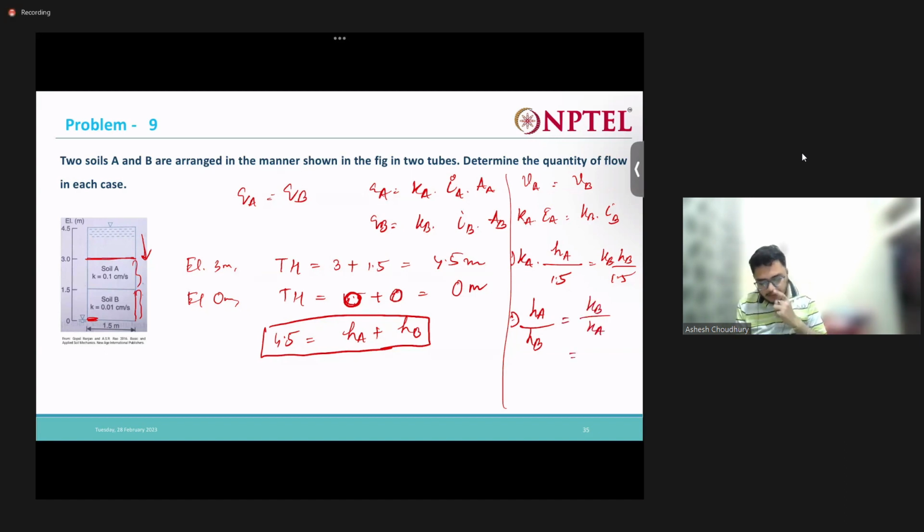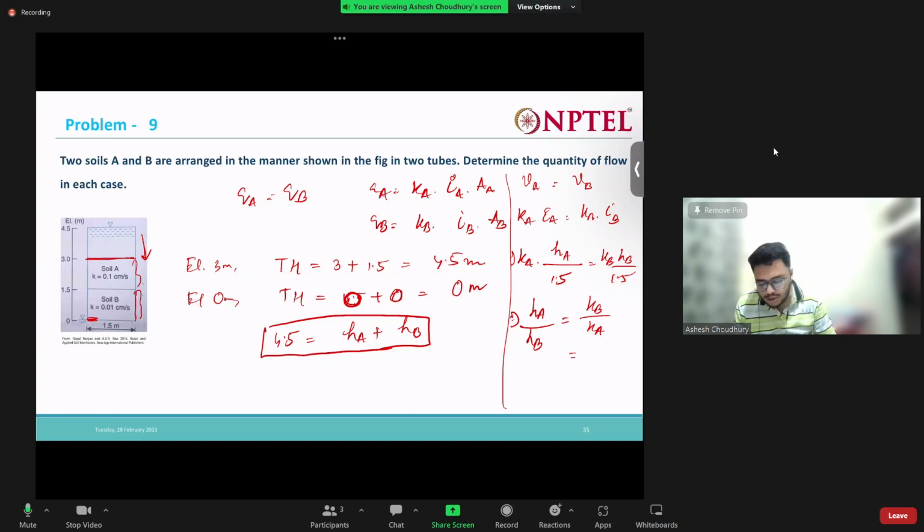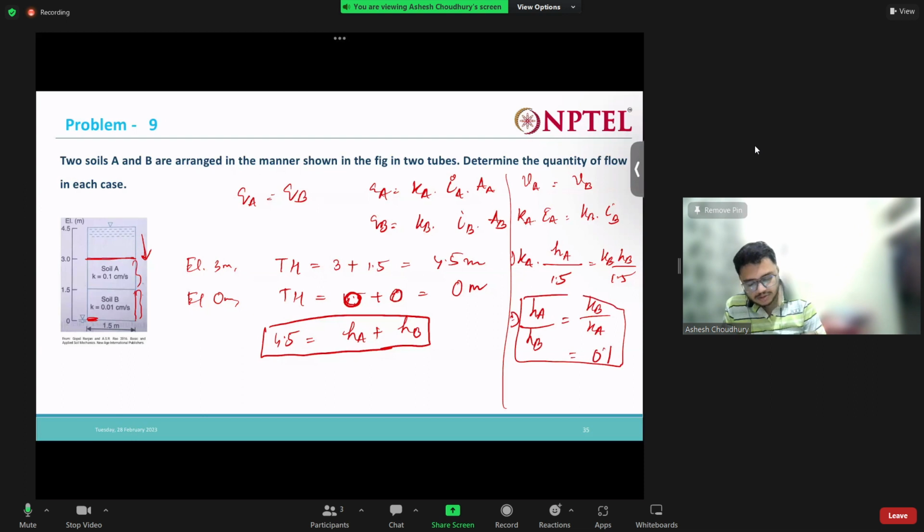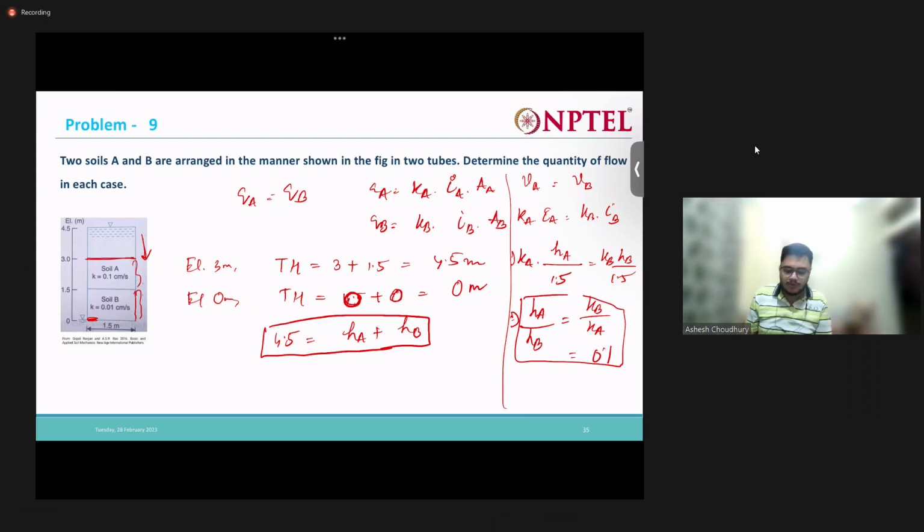KB and KA are known to me. KB is 0.01, KA is 0.1. So HA by HB is equal to 0.1. So I have these two equations: HA by HB is equal to 0.1 and HA plus HB is equal to 4.5.